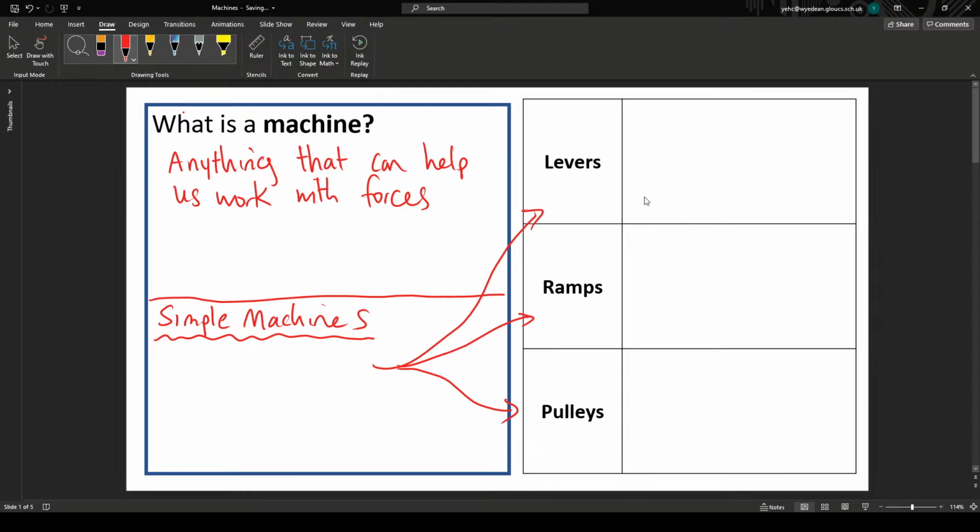Now, last lesson we already talked about levers. So, for example, we have a rock that we want to lift, and we have our person lifting that rock.